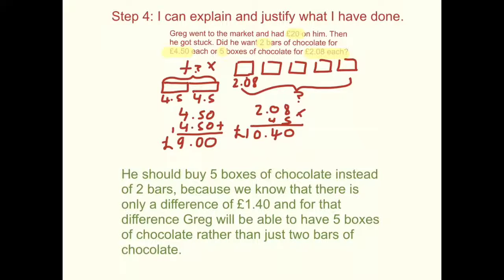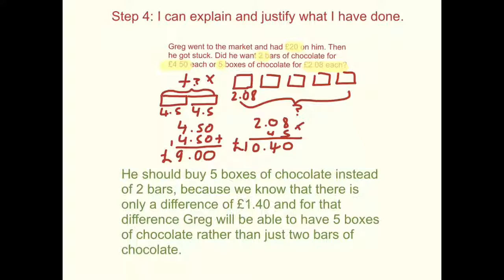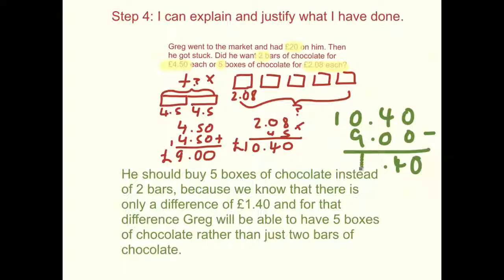Well, if we take the £10.40 that we had, and we take away the £9, like so, okay, we are left with £1.40. And because it's a very small difference between the two, that's why I feel that Greg would probably be better off going for the 5 boxes of chocolate, because you get more value for your money.